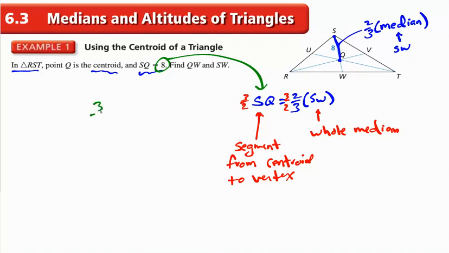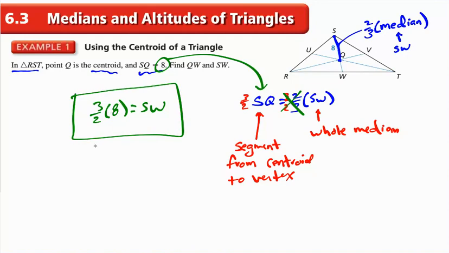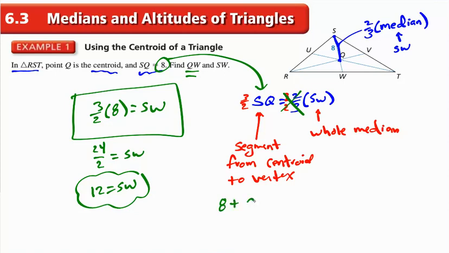We have 3/2 times 8, and these will cancel and leave us with SW. 3 times 8 is 24 over 2, equals SW. 12 is equal to SW. That is the length of the median. Now they also want us to find QW. Well, 8 plus QW is equal to the whole median, which is 12. Subtract 8 from both sides, and QW is 4.